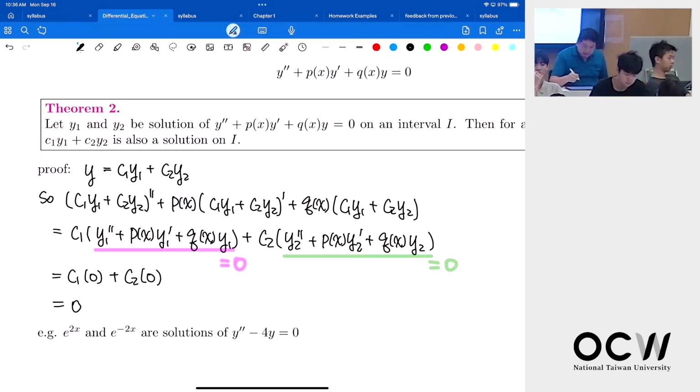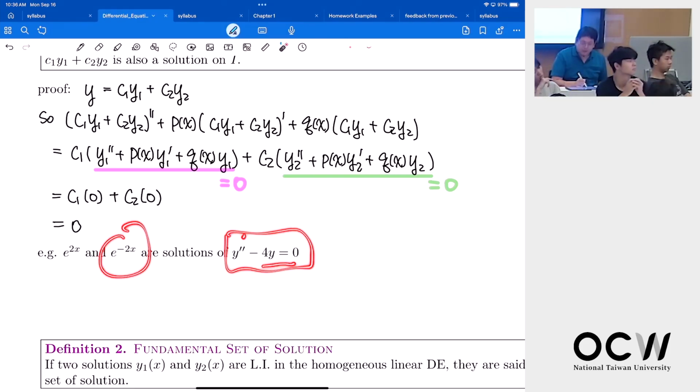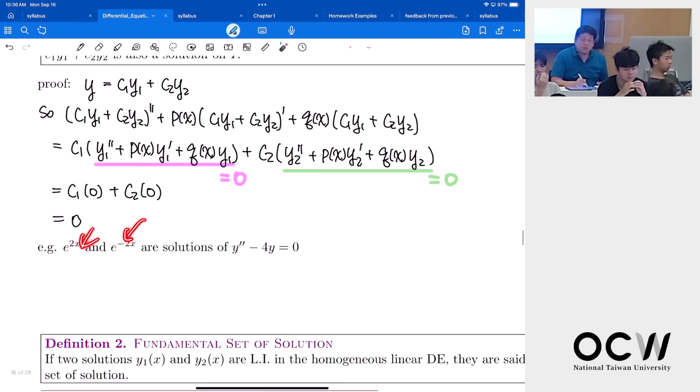Right, next, let's see. Suppose I tell you that e to the 2x is a solution of y double prime minus 4y equals 0, this differential equation. And also e to the minus 2x is a solution. We will learn how to find the solution later, maybe today or Wednesday.